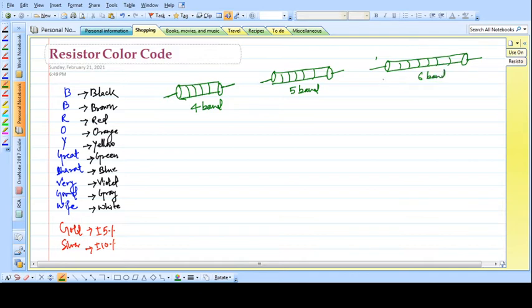And one very interesting thing is the last band. If we have some color codes, the last band is slightly away from the rest. Again I am making a very clear picture for this one.